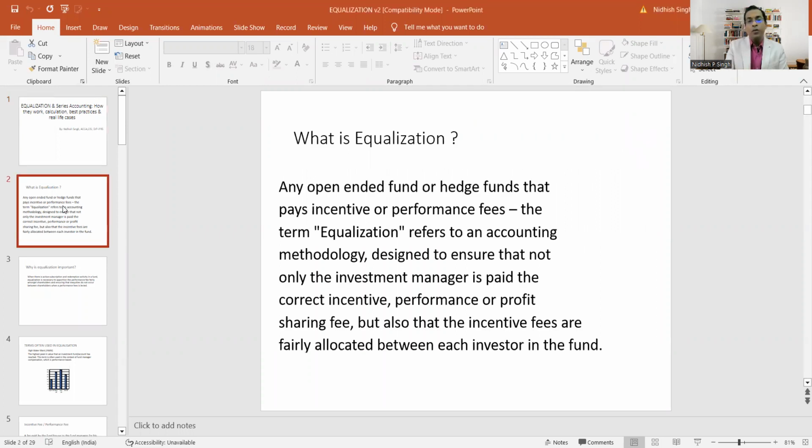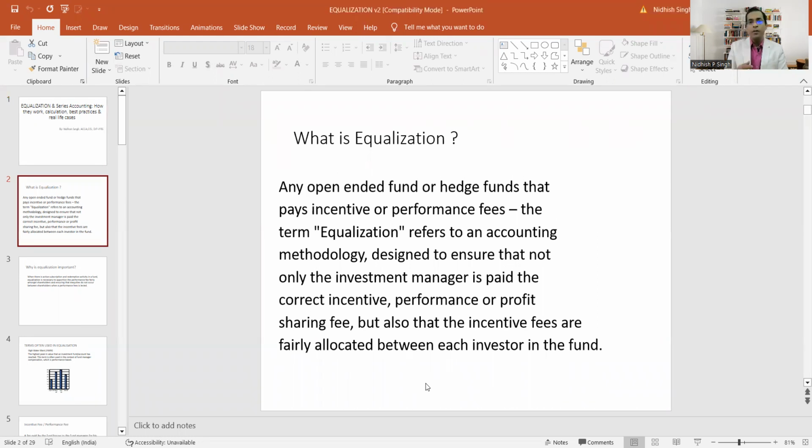To understand what equalization is, the basic and preliminary definition is that it helps fund accountants and fund managers to distribute the NAV and the profit in a more fair and equitable way among all the investors. Because in the equalization method, we are not creating separate line items for each investor, and we are not creating a new NAV for each of them.